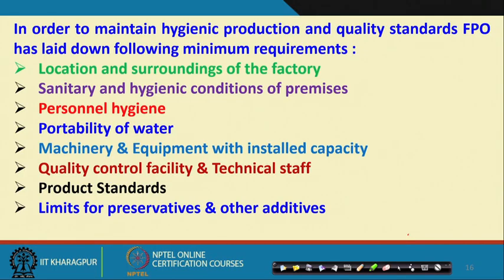I am not saying in all cases, but in many or some cases it is like that. So, the controlling body has to keep an eye that the machines which are online, manufacturing the product, are at par with the capacity approved or specified, right. Quality control facility and technical staff.